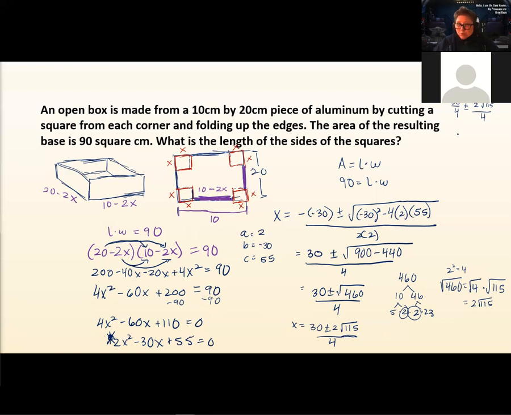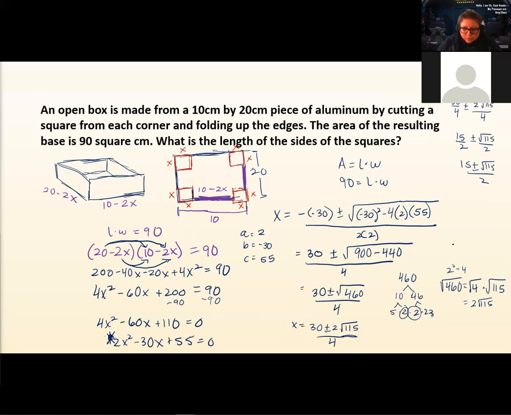And I believe they can both be reduced by 2. So that becomes 15 over 2 plus or minus the square root of 115 over 2. Do you guys see that? Which is just 15 plus or minus the square root of 115 over 2.